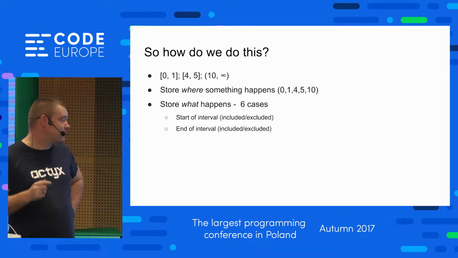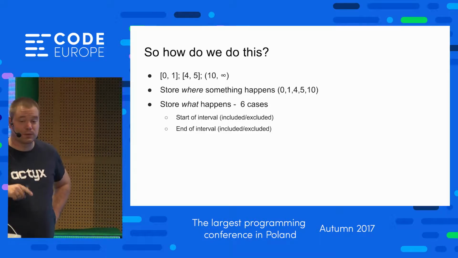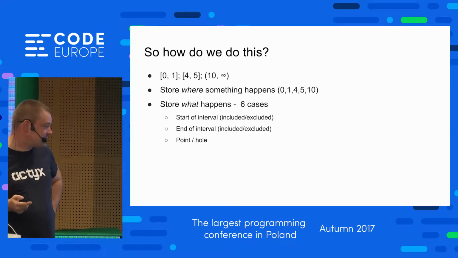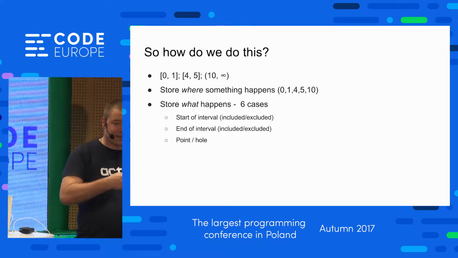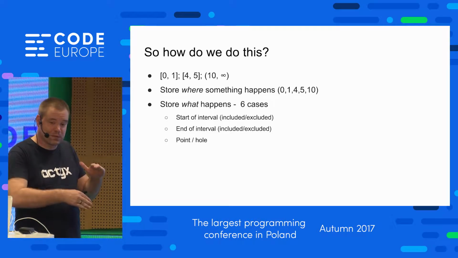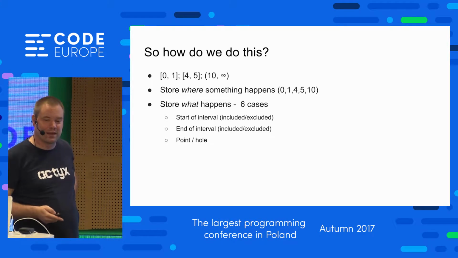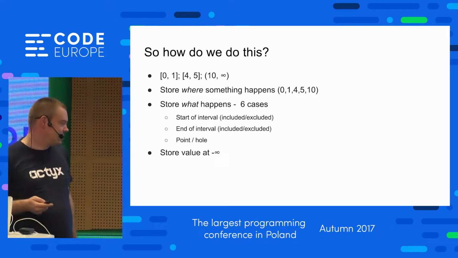Then, obviously, you can have an interval that ends, again with 2 subcases, excluded or included. And you can have a point or a hole. Point meaning it starts and immediately ends. And hole meaning it was true before, then it goes to false, and then goes to true again. So these are the 6 possible cases.